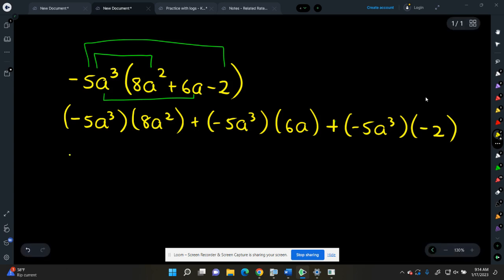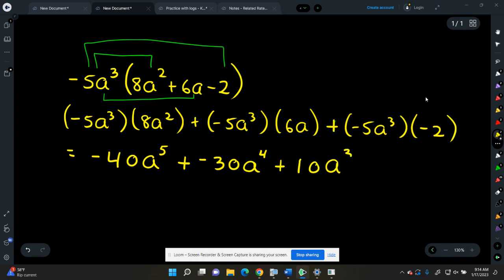Okay, that gives us negative 40a to the what? Fifth, yes. Plus, now I've got negative 5 times 6, so that's negative 30a to the fourth plus positive 10a to the third.